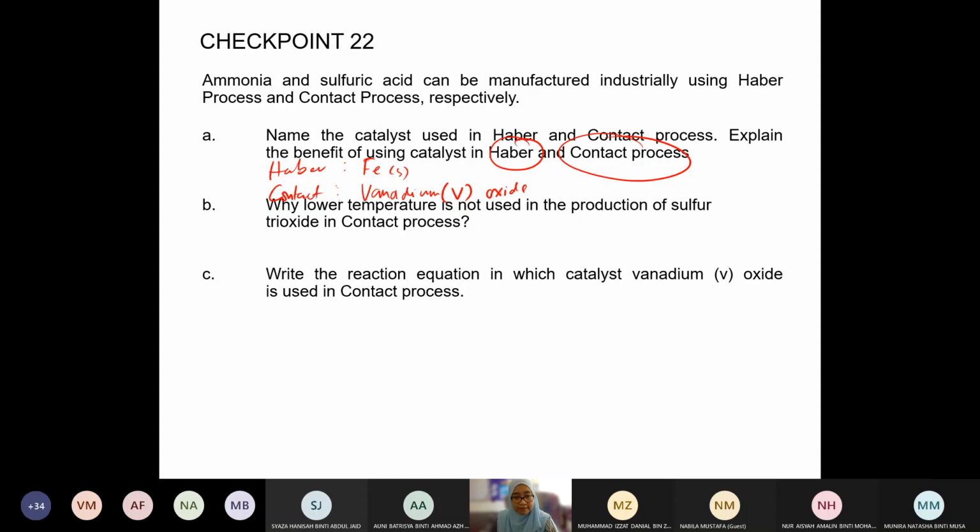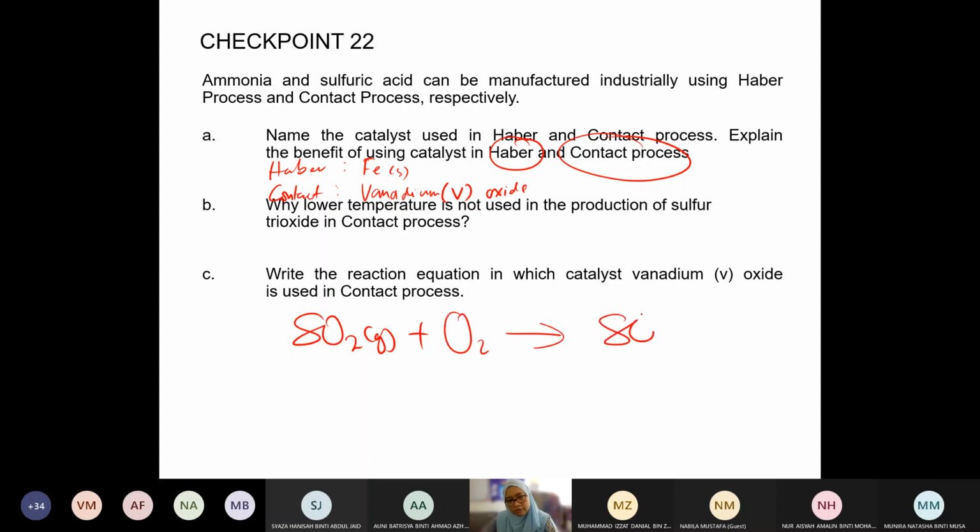Write the reaction equation in which catalyst vanadium V oxide is used in the contact process. See, you have to know which part uses vanadium V oxide. That's step number 2. Okay, the SO2 produced reacts with O2 if I'm not mistaken.